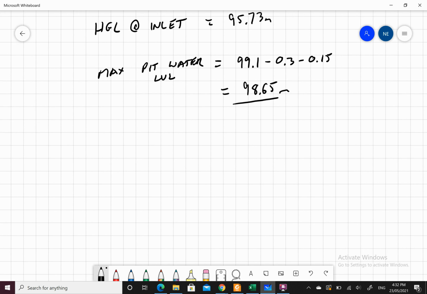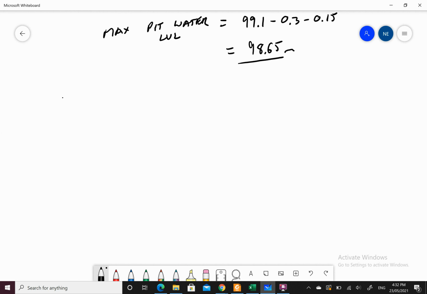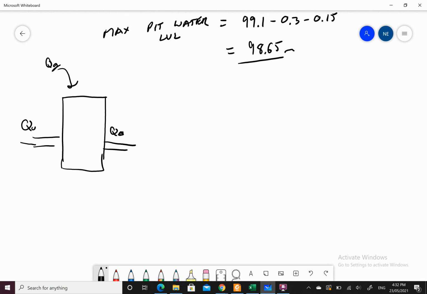Now, this pit 3, this is my pit. Obviously I have flow going out, a bit of flow going in, that's QG, and I have some flow from upstream. So my QG from upstream is 15.2 litres per second from the calcs.